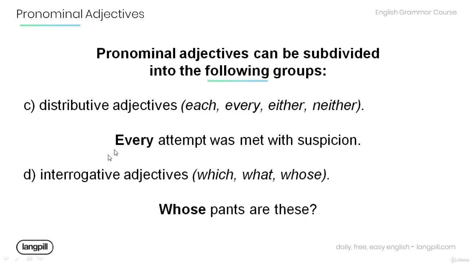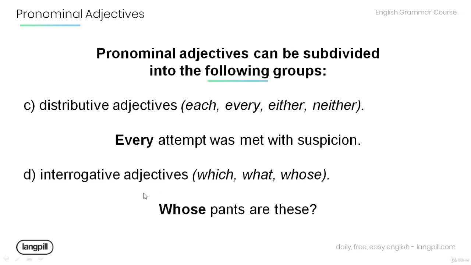C. Distributive adjectives such as each, every, either, or neither. Have a look at the example over here. Every attempt was met with suspicion. D. Interrogative adjectives such as which, what, whose.